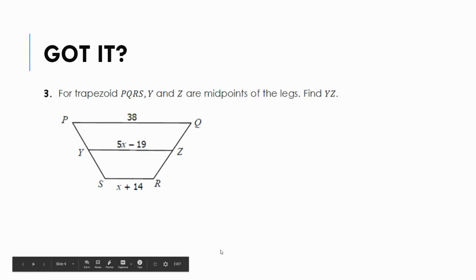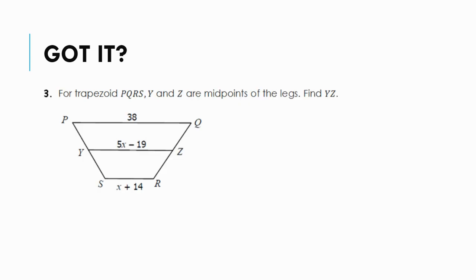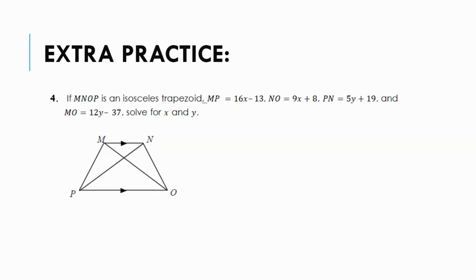All right, and then you have to do that problem. Don't get confused just because it has some algebra in it. You're still going to plug it all in and solve it the same way. Multiply each side by 2, get rid of that denominator, and then solve that multi-step equation.